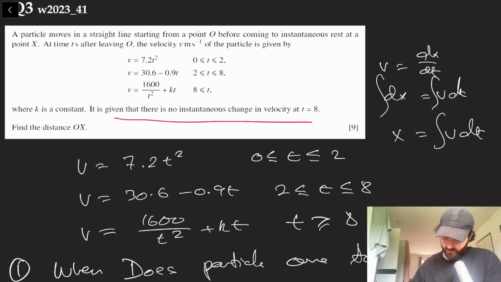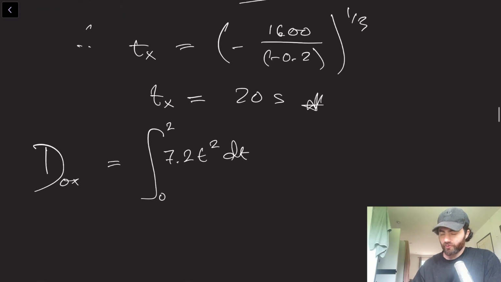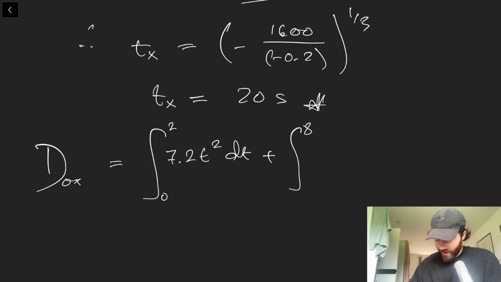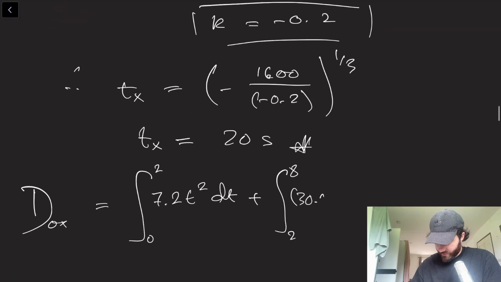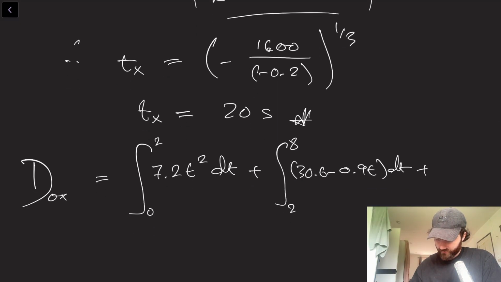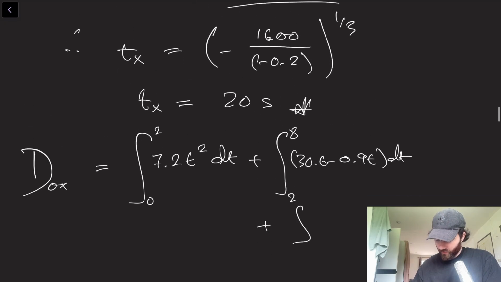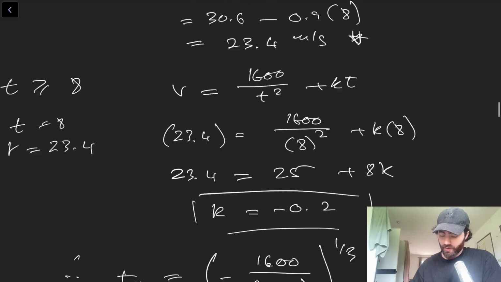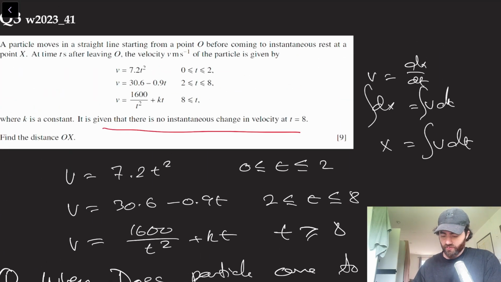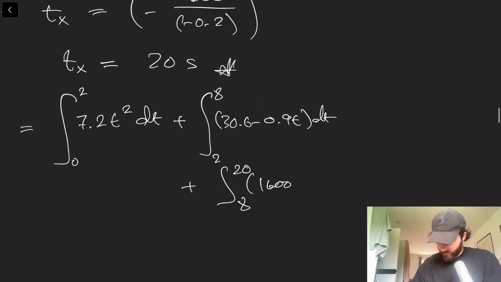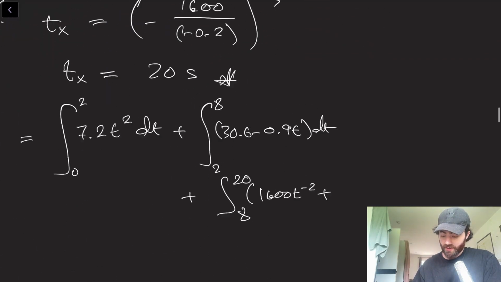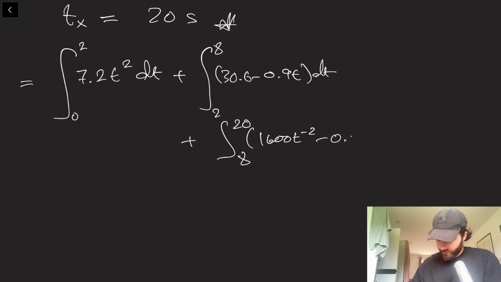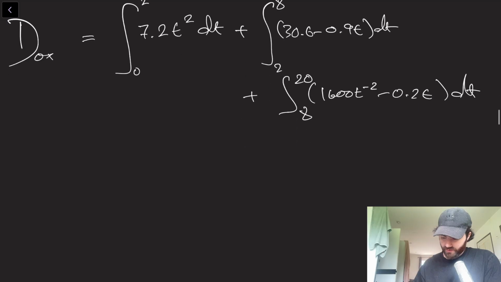And then plus, because it's a different function for each part, between 2 and 8 of 30.6 minus 0.9t dt, plus the last part, which will be from 8 to 20, where it comes to instantaneous rest, 1600 over t squared, or written 1600 t to the negative 2, plus kt, which is minus 0.2t, dt.